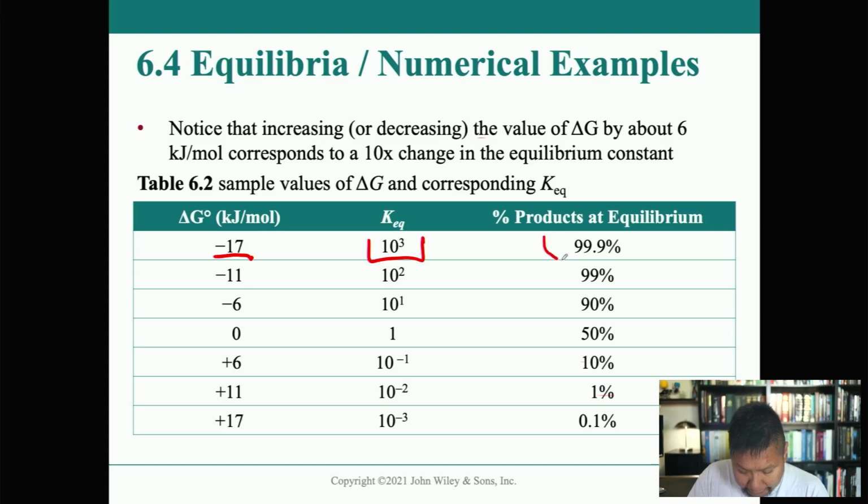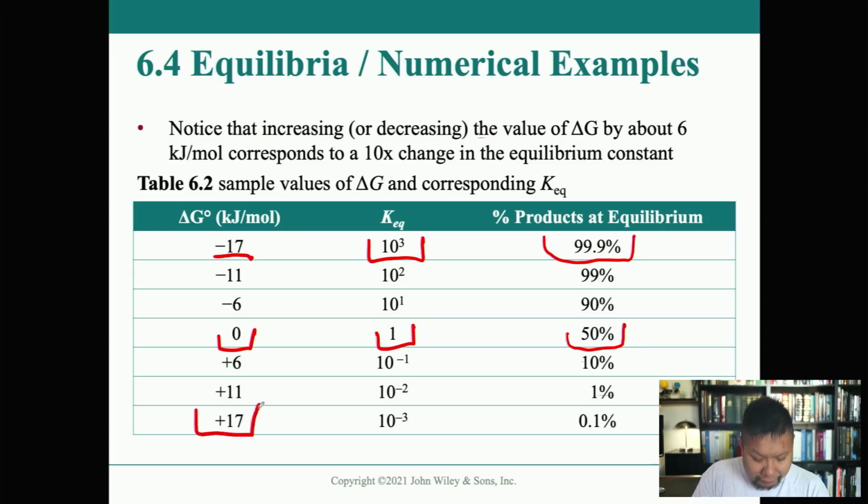And at that point, you actually have 99.9% products and only 0.1% reactants. Skip down to the middle here, where we have 0 as the delta G, and the KEQ is 1. And we have 50-50 of both reactants and products.